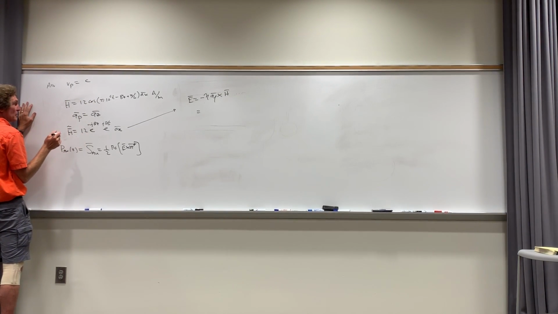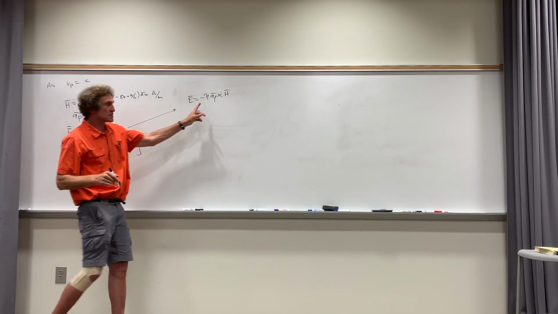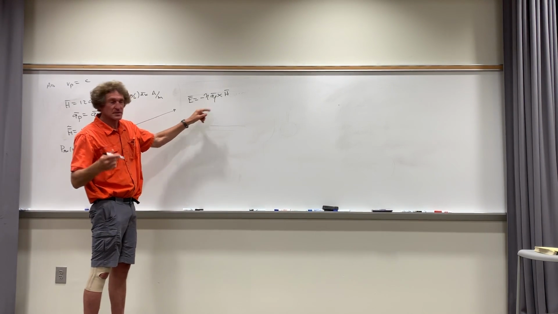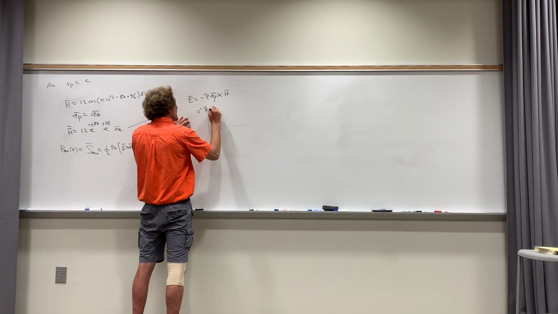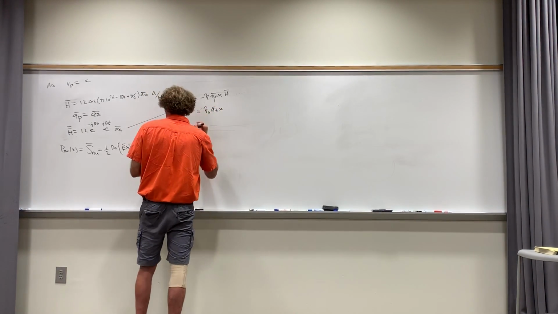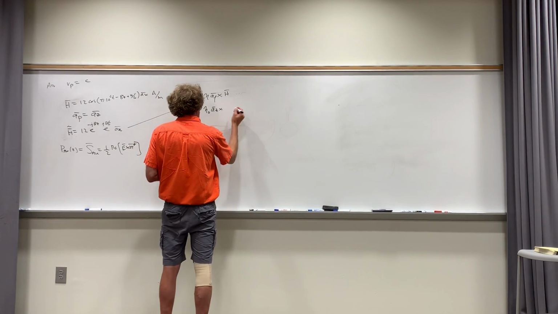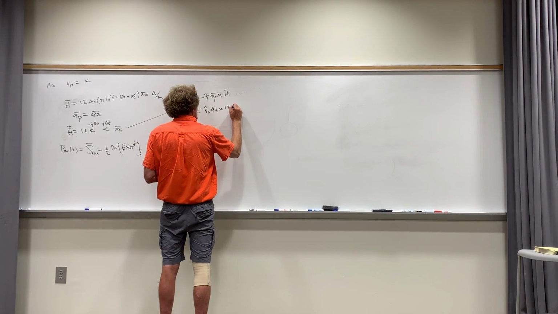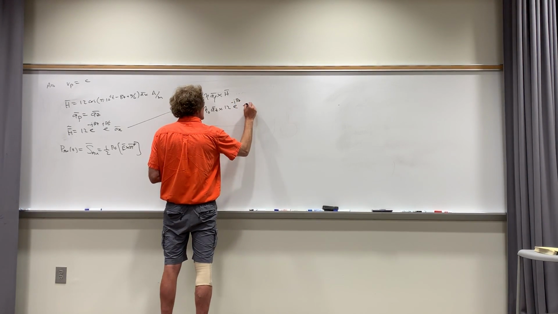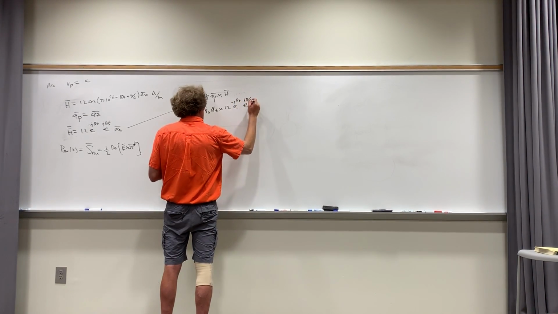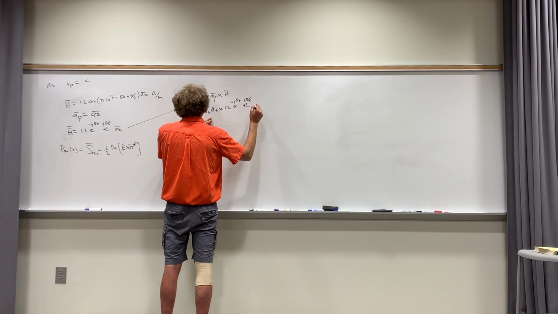Because of that, we can say the intrinsic impedance is just 120 pi. I'm going to leave it as eta naught, so E is minus eta naught a_z crossed into the H field. That's crossed into 12 e to the minus j beta z times e to the j pi over 6 in the a_x direction.